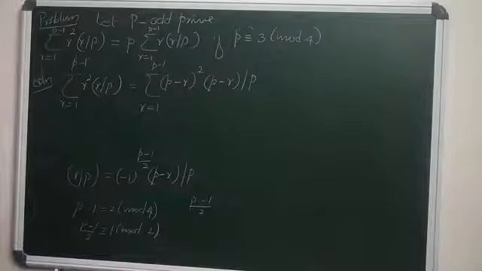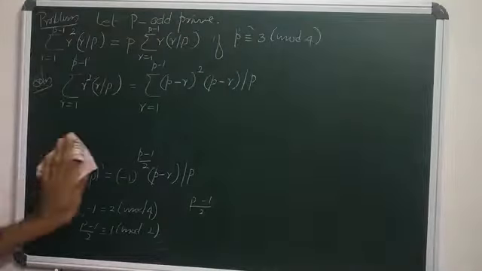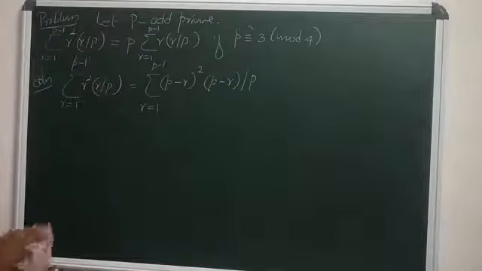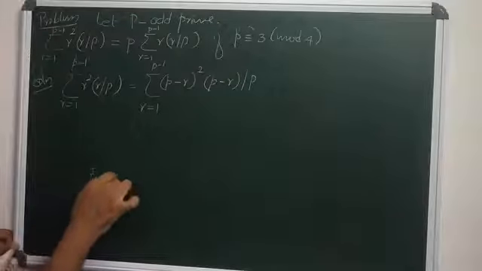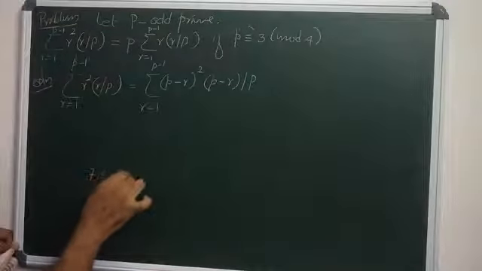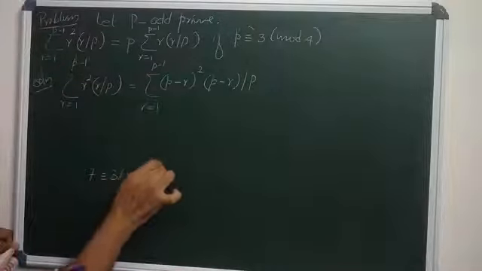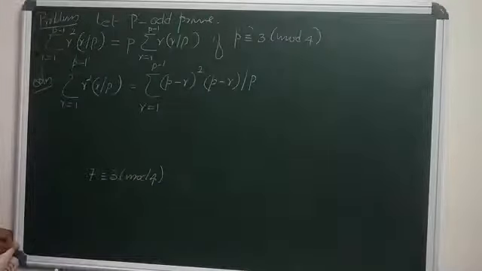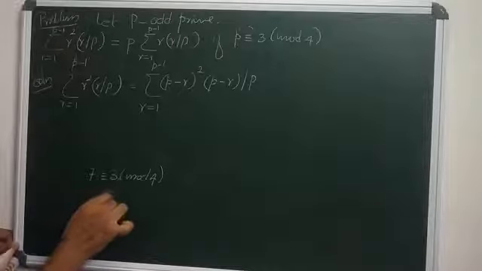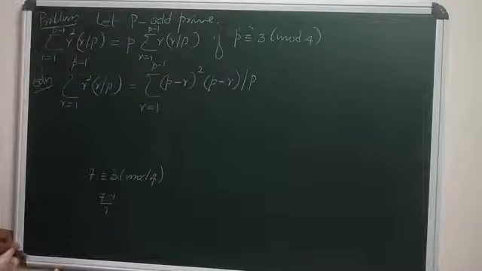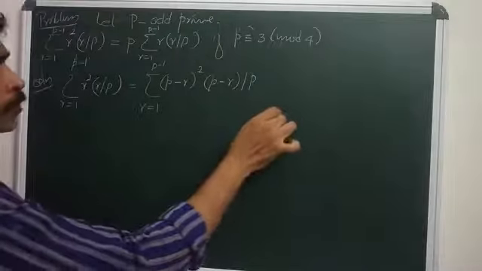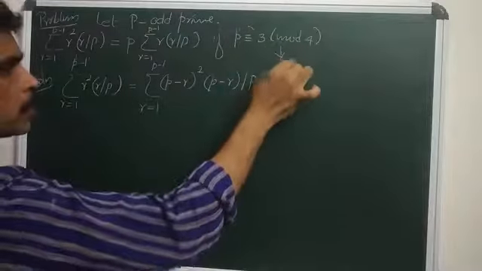So when P is congruent to 3 mod 4, (P minus 1)/2 is always odd. Why? Because consider 7, which is congruent to 3 mod 4. What is (7 minus 1)/2? 6/2 is 3. That is odd.